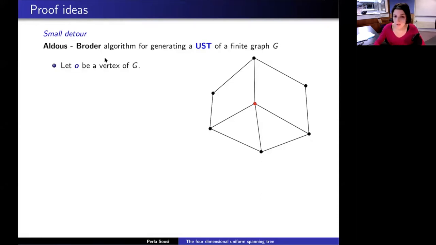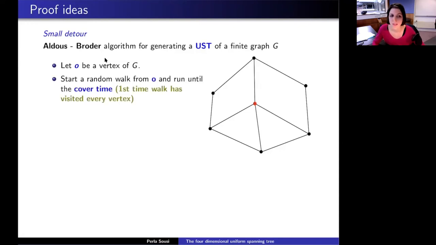Suppose that this is our finite graph, and we fix this vertex in the center that we call O. Now I'm going to start a random walk from O, and run it until the cover time. The cover time is the first time that the random walk has visited every vertex of the graph at least once.